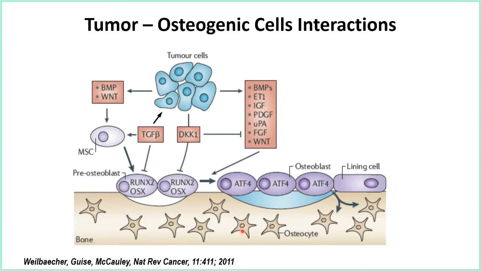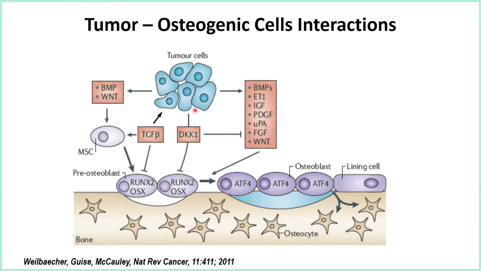But the type of interactions between the resident cells and the tumor cells are probably very similar in the bone proper as well as in extraskeletal tissues. And I think the players are probably the same. We know that the tumor cells respond to factors produced by osteoblasts, and in particular TGF-β, which is a good stimulator of tumor cells.